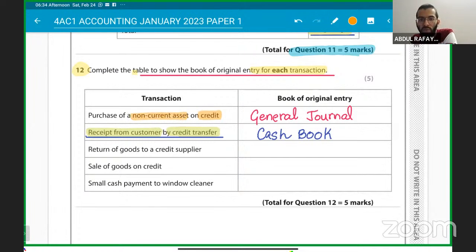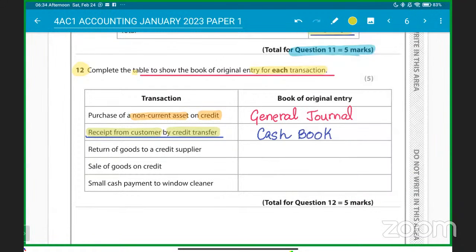When we talk about goods, whatever your trading business is, the second, the third, and the fourth adjustments involve goods. So that's what we need to understand. Apart from goods, things like irrecoverable debts, or any non-current asset you have purchased on credit, are all journal transactions. Okay, clear on that?